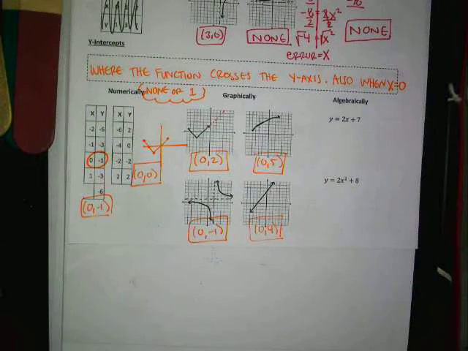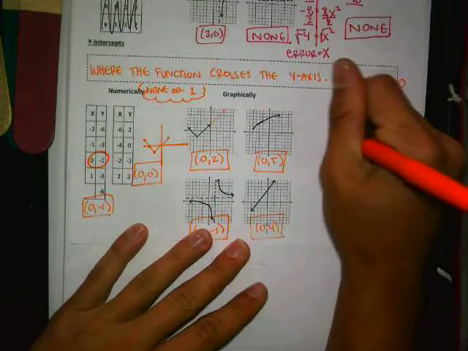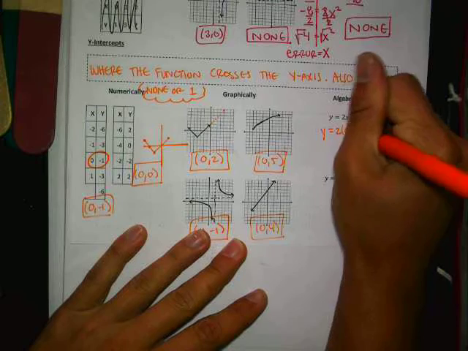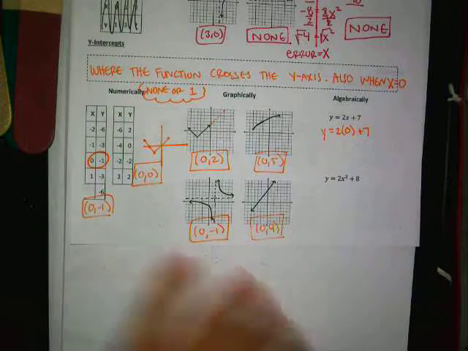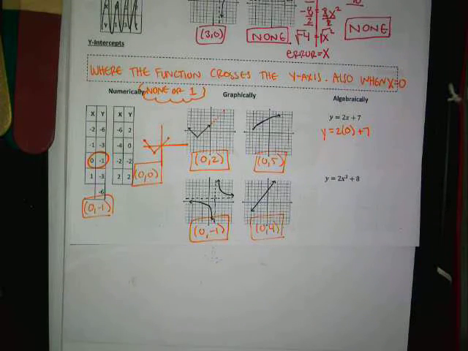Algebraically, I know most of you probably know that the second number was going to be your y-intercept, but I'm just going to show you the algebra way why that happens. Am I going to be plugging in 0 into the y or into the x? Into the x, because x equals 0. So when you plug in 0 here, what's 2 times 0? 0. What's 0 plus 7? 7.